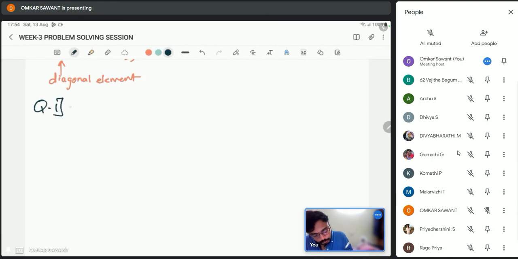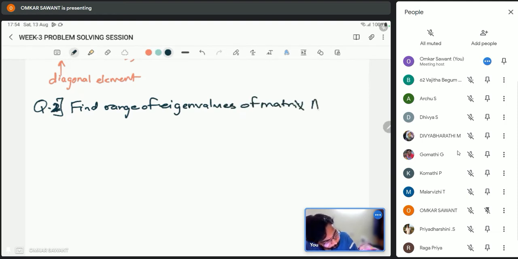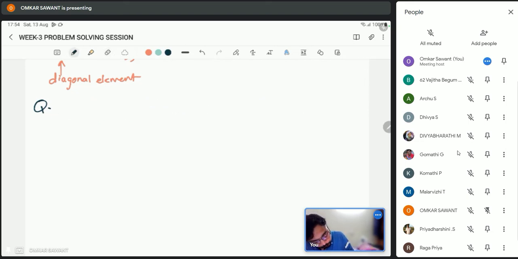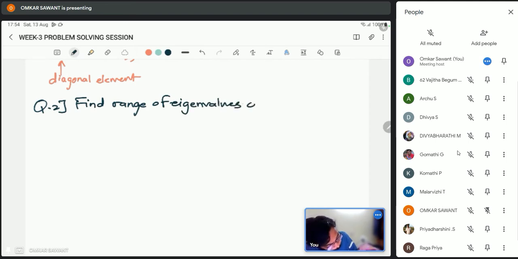So the question is: find the range of eigenvalues of matrix A using the Gershgorin circle theorem.